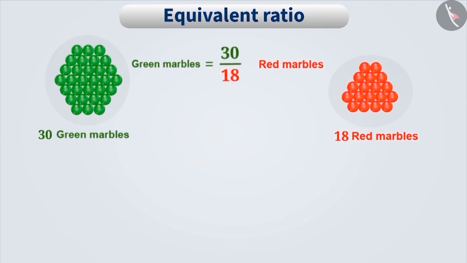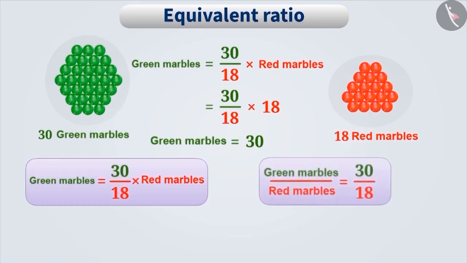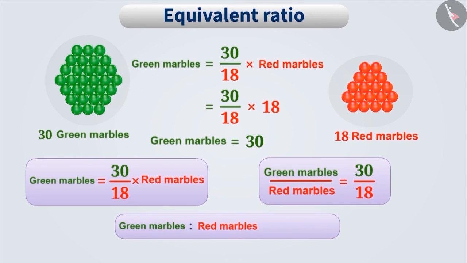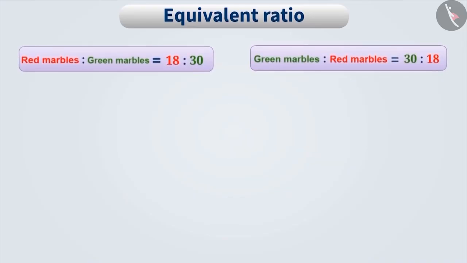Just like the number of green marbles is obtained by multiplying the number of red marbles by 30 by 18, we can say that the number of green marbles is 30 by 18 times the number of red marbles. That is, the ratio of the number of green marbles to the number of red marbles is 30:18. By looking at these two ratios, you must have understood by now that in a ratio, order is very important.